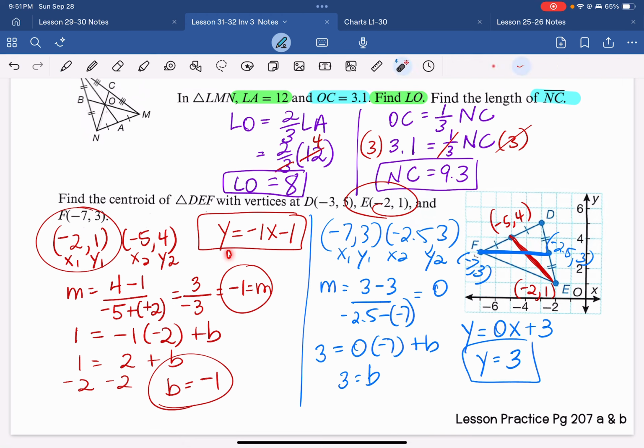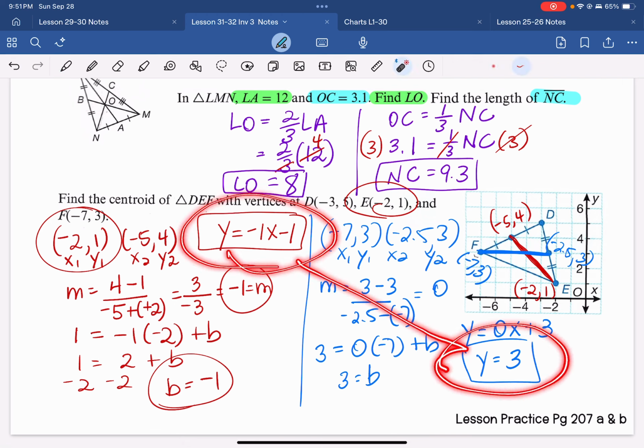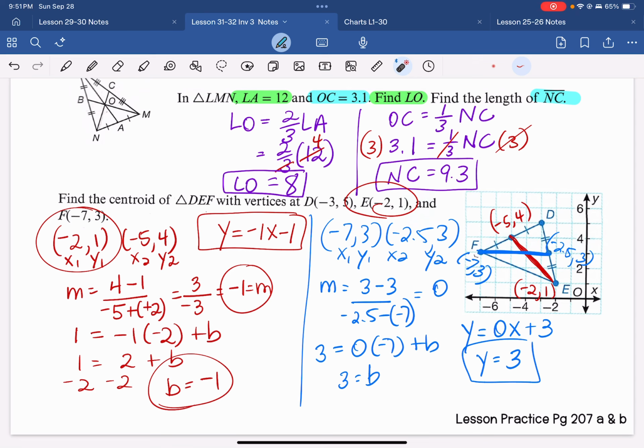Now, final step. I have to find where these two intersect, because I'm looking for this right here. I can use substitution because that'll work beautifully. You see how y equals 3? I can put the 3 right there. I'm going to do that in purple. 3 equals negative 1x minus 1. Add the 1 to the other side to get 4 equals negative 1x.